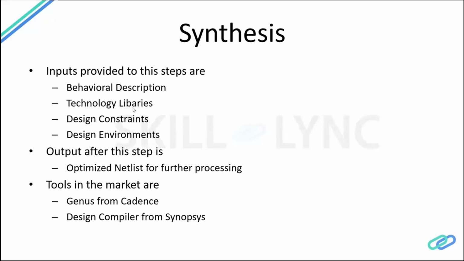In the libraries, for each component, say NAND gate, there will be two input, three input, four input, five input, multiple input NAND gates. And each of them will have properties, like what is the capacitance of this NAND gate, what is the resistance, what is the delay.